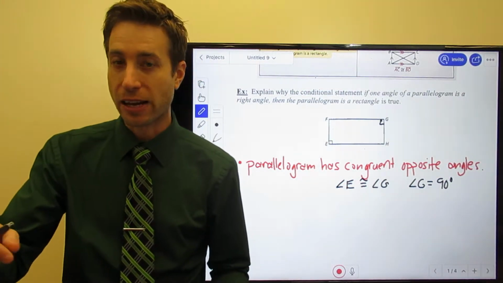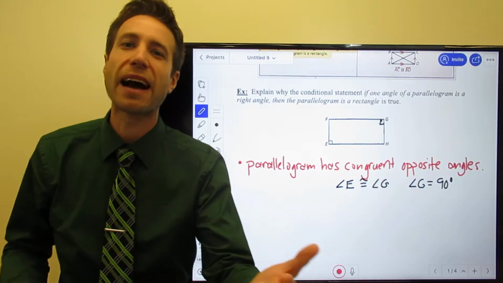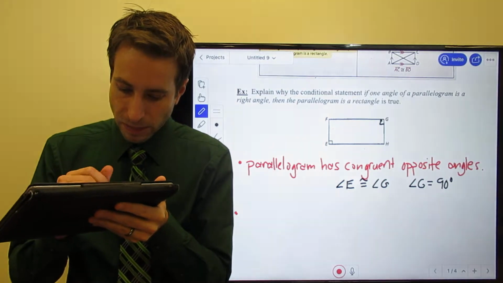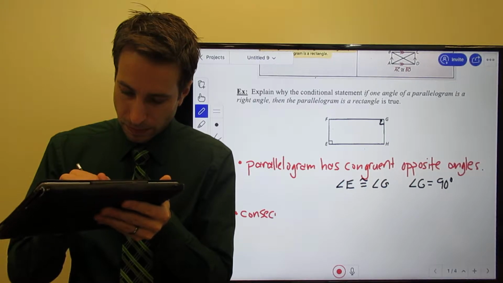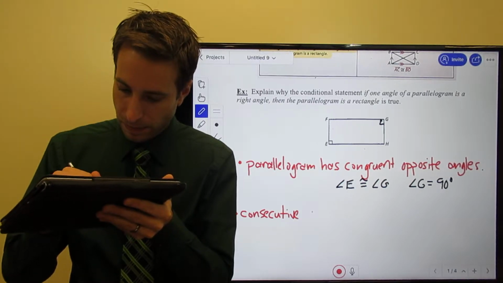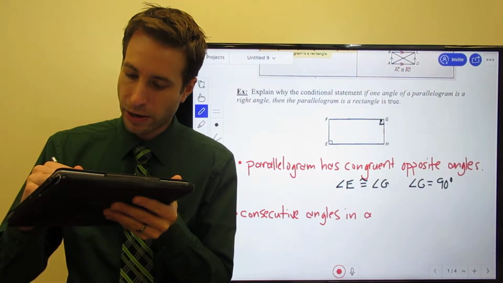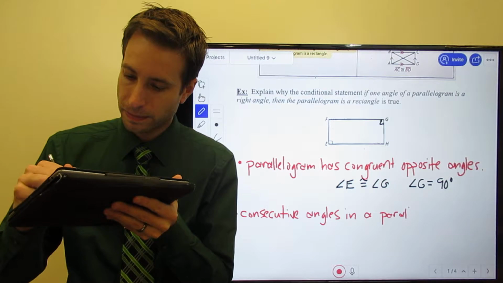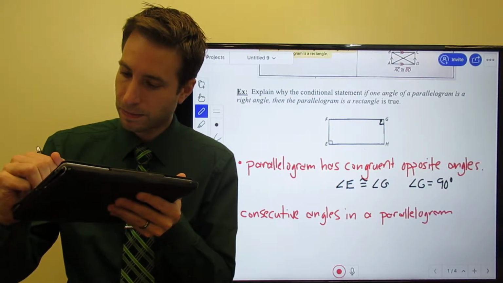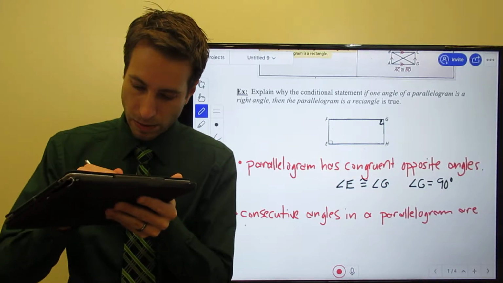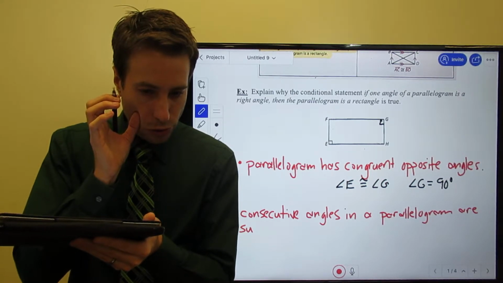Consecutive angles in a parallelogram must sum to 180 degrees, or they have to be supplementary. So consecutive angles in a parallelogram are supplementary.